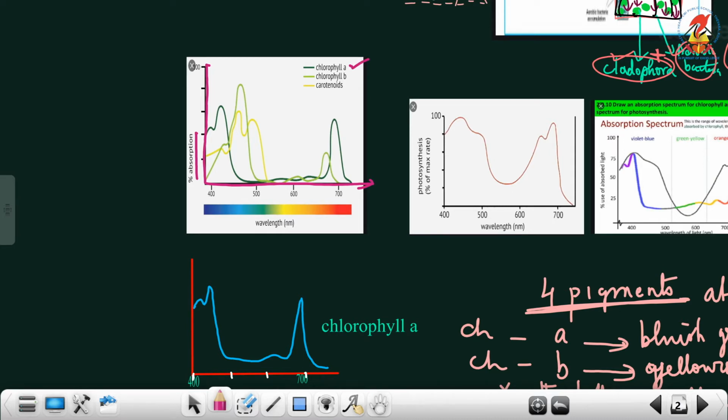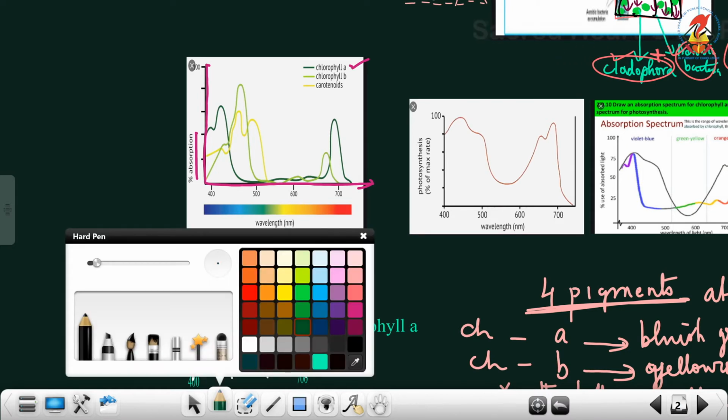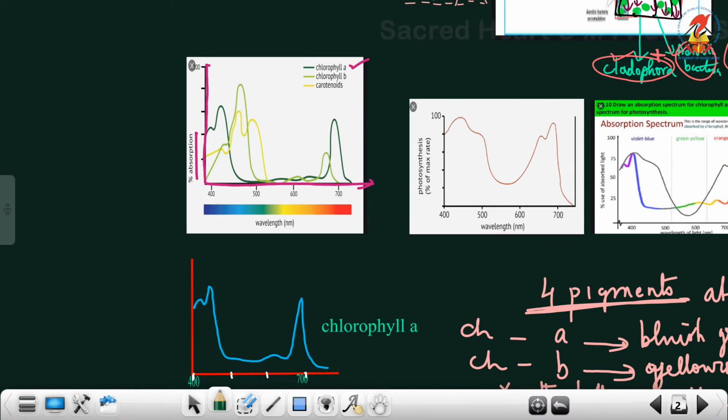Chlorophyll A is indicated by the green color. See the graph. Chlorophyll A shows its peak at around 400, then its absorption goes down, and again it peaks at 700.